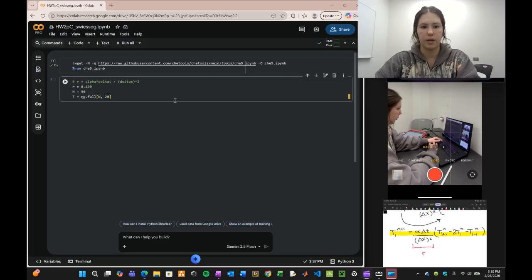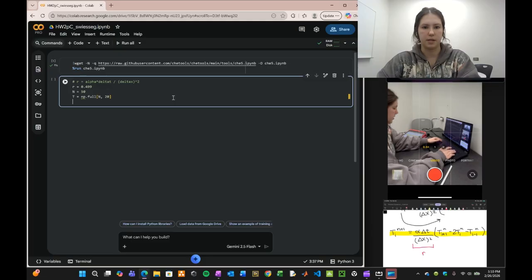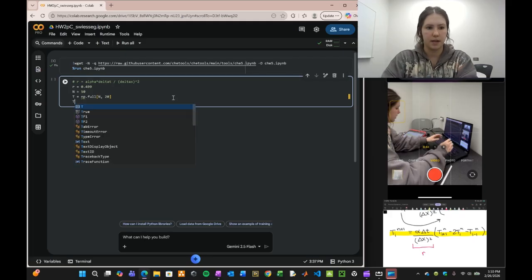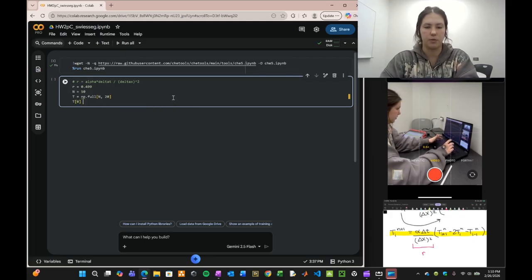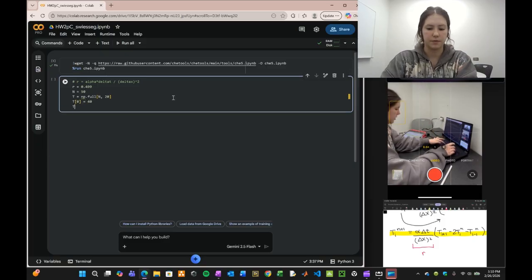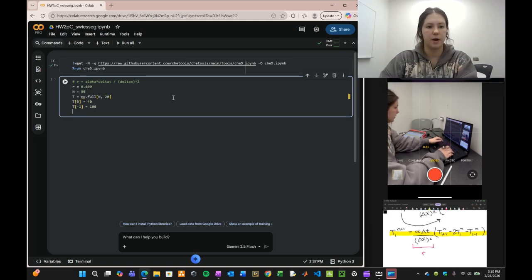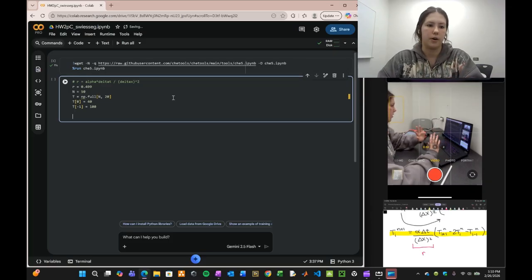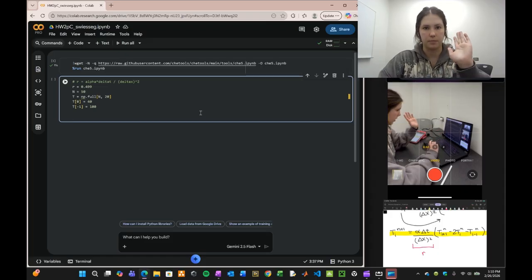And so when we change the ends of the bar to 40 and 100 degrees, we can define the initial value in this array, so the left side of the bar, to be 40, and we can define the last term to be 100. And so now we need to define every temperature in between 40 and 100, or in between the left end of the bar and the right end of the bar.